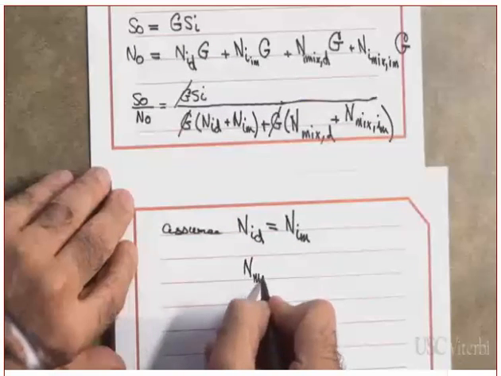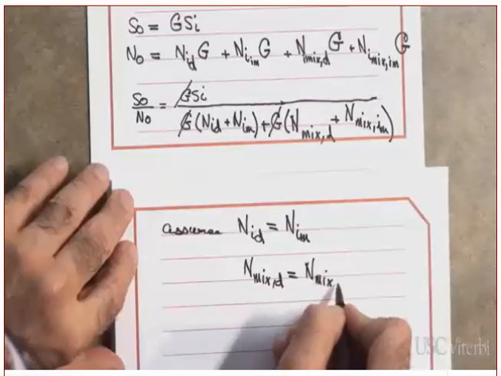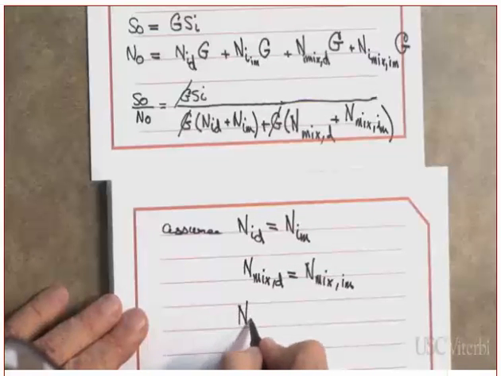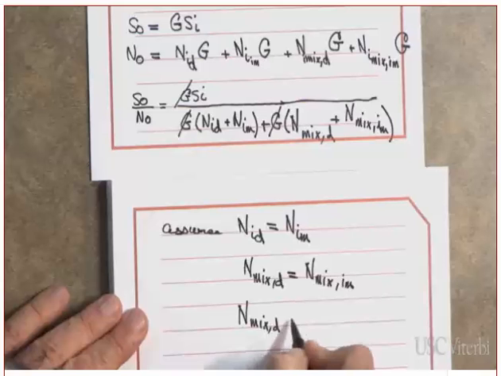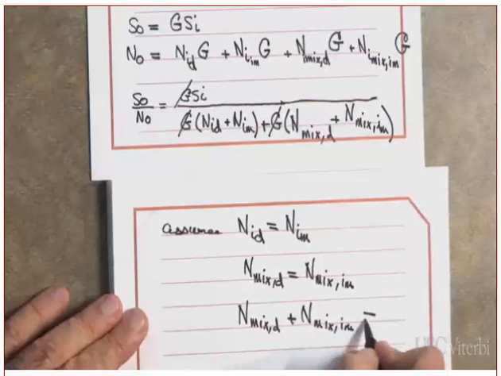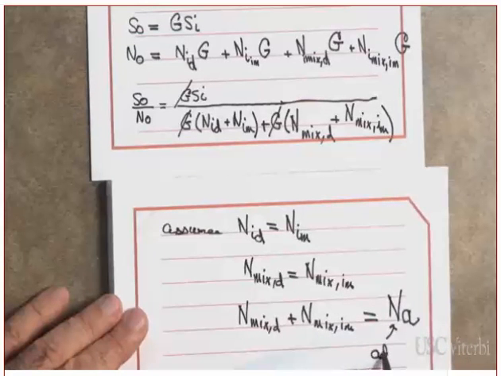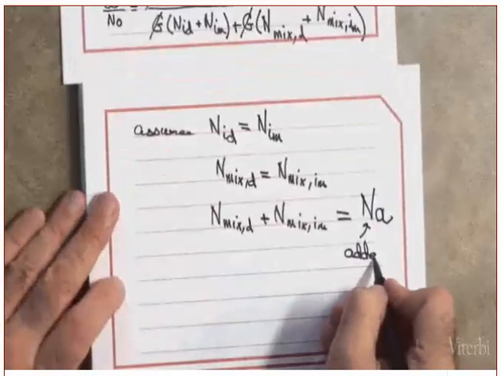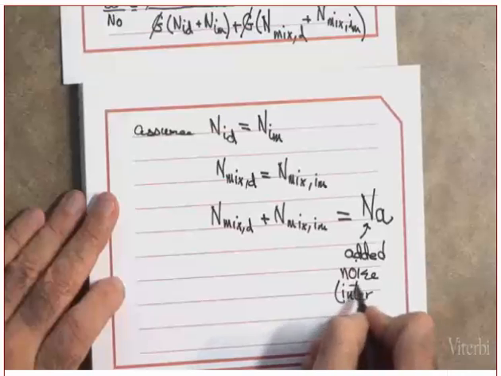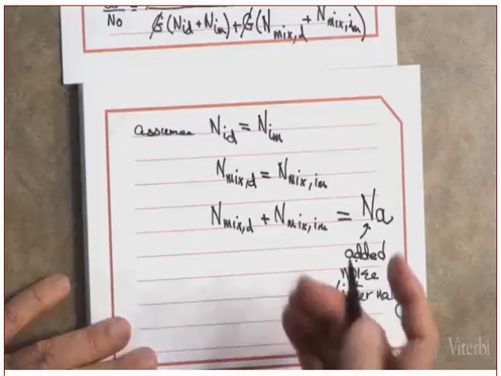N_mix,D is equal to N_mix,IM. Let's make simplicity. And let's assume that N_mix,D plus N_mix,IM, we refer to it as just N_A, which is the added noise internally. Clear?